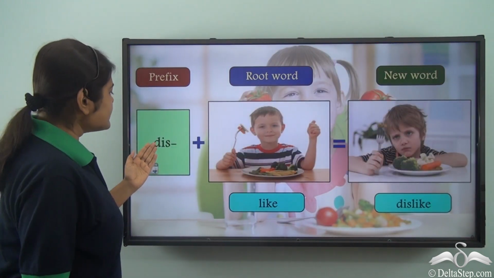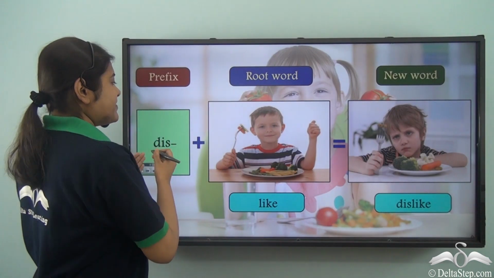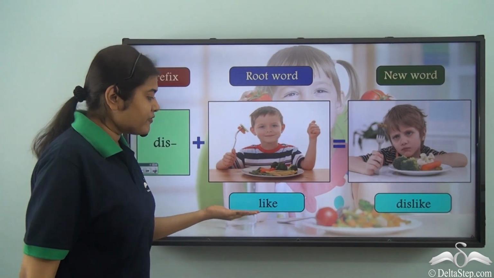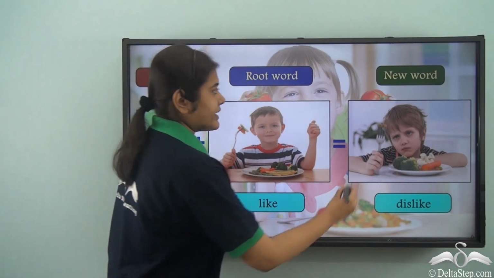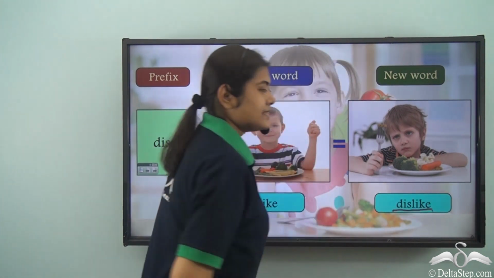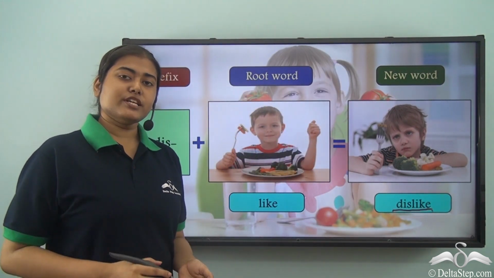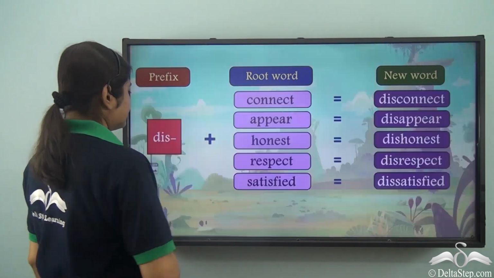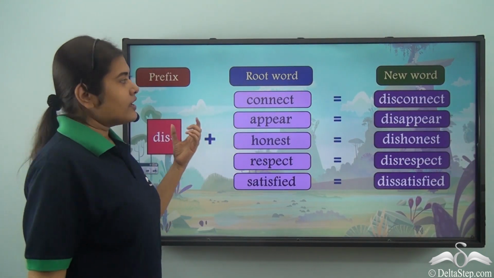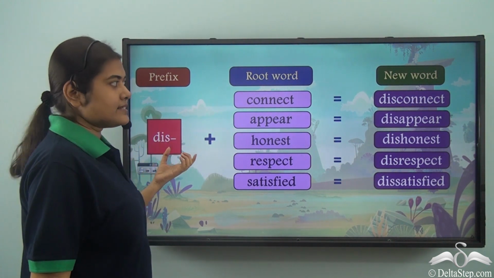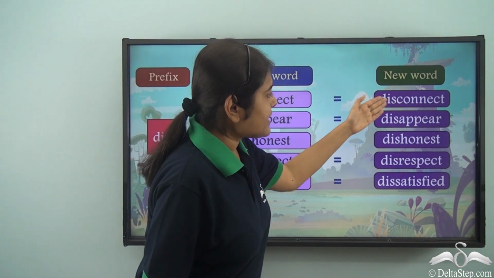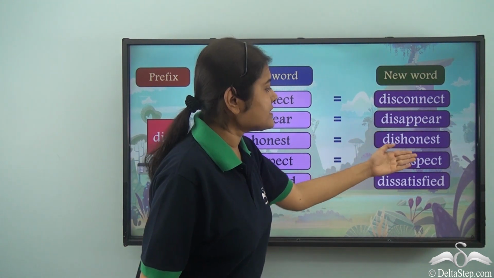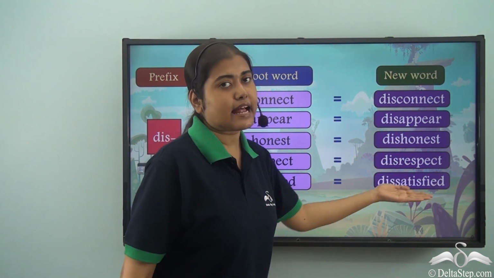Another prefix is dis. So when this prefix dis is added before the word like, we are getting the new word dislike, which is the opposite or the antonym of the word like. So some more words using the prefix dis are disconnect, disappear, dishonest, disrespect, and dissatisfied.